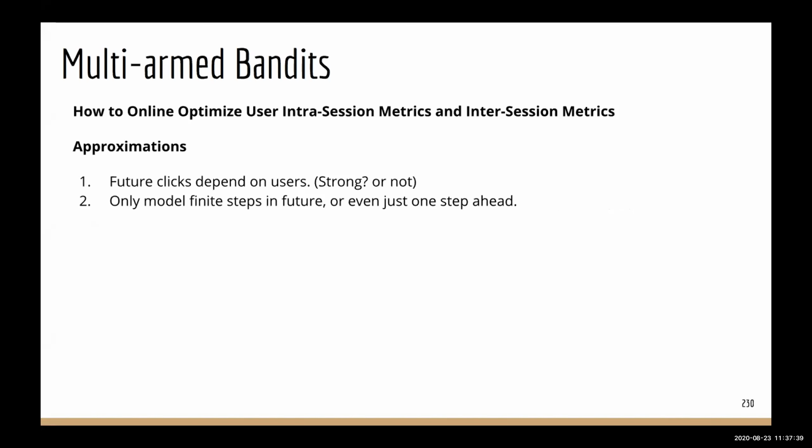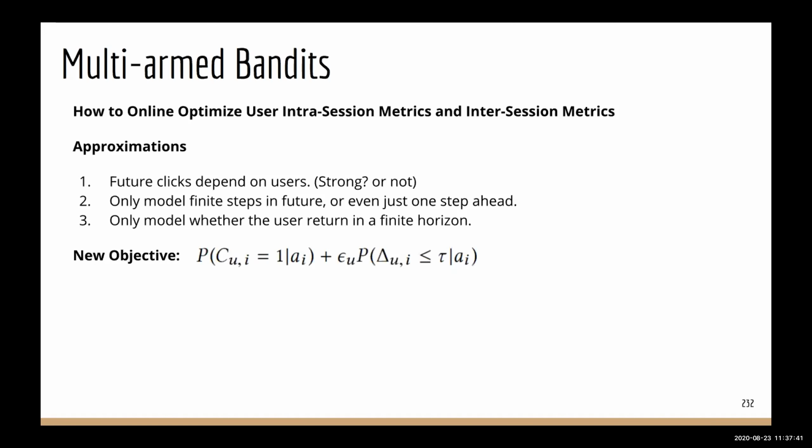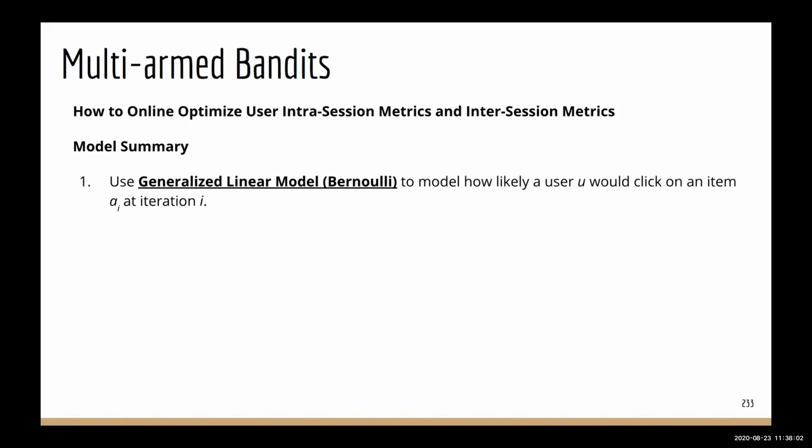The idea here is that instead of modeling all the future steps, we look at just finite steps, and sometimes we only look at one step ahead and use that as an approximation for the future. Of course, it's a very strong assumption.